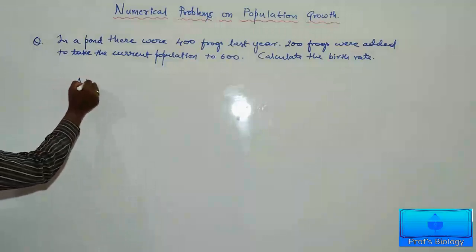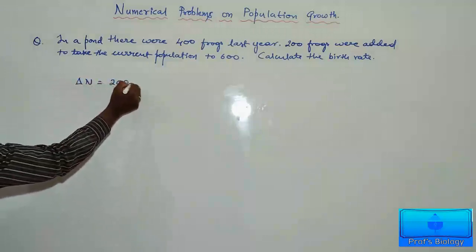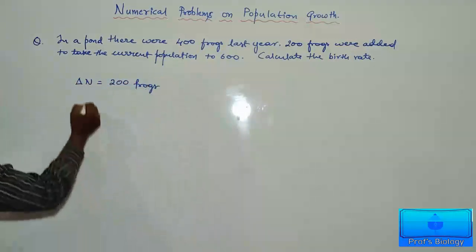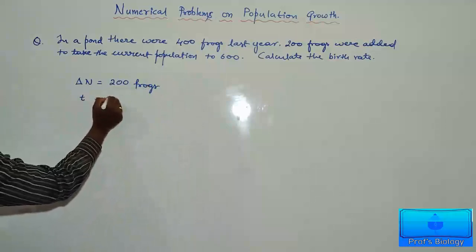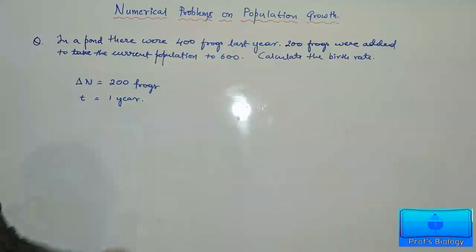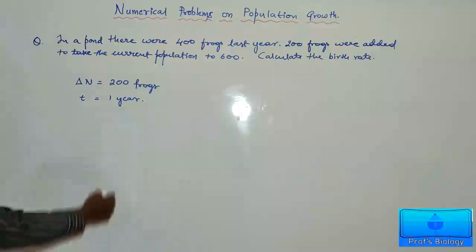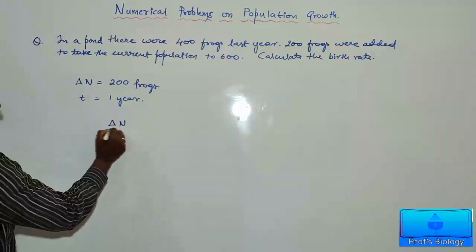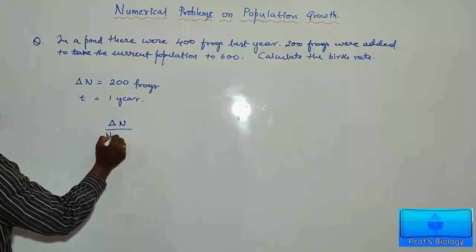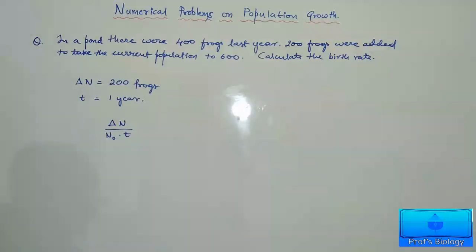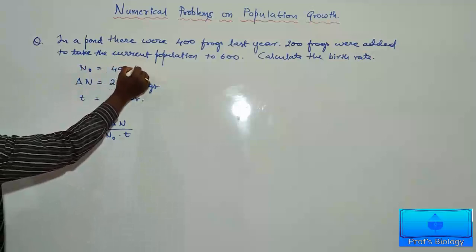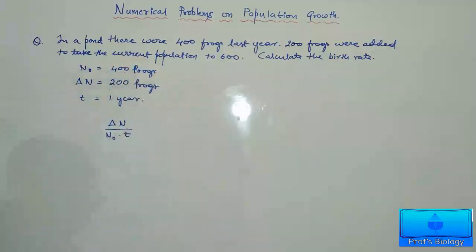Now change in population delta N is clearly given as 200 frogs. Time duration is 1 year. Now birth rate is defined as delta N by N naught into t, where N naught, which is initial population, is 400 frogs.